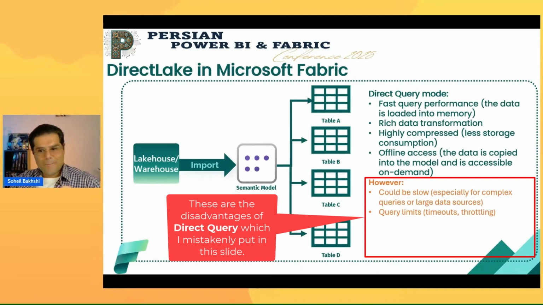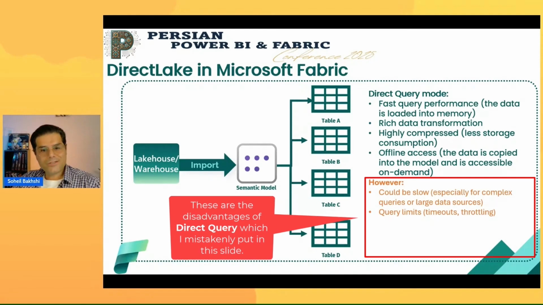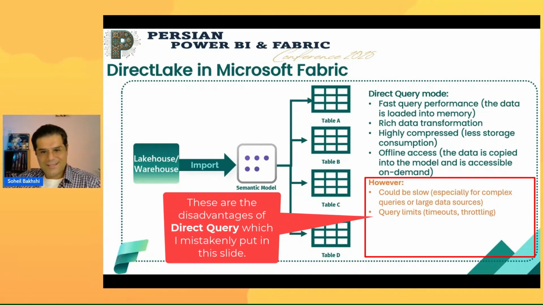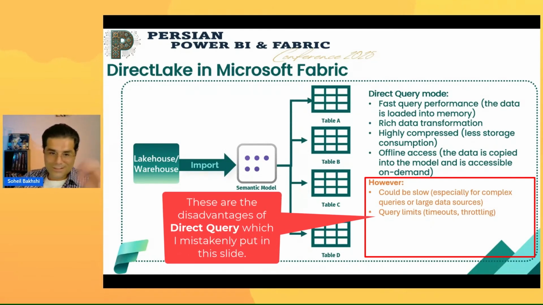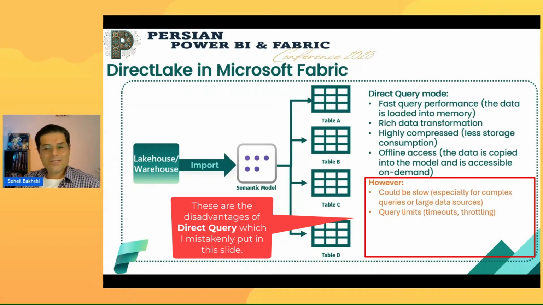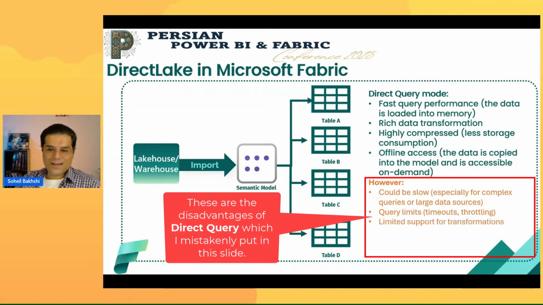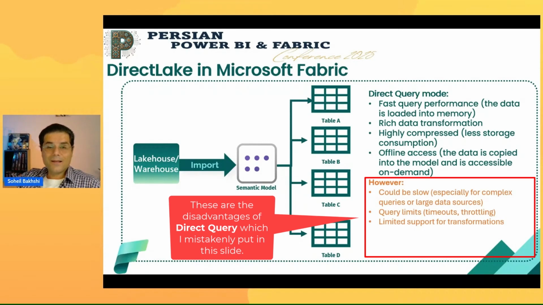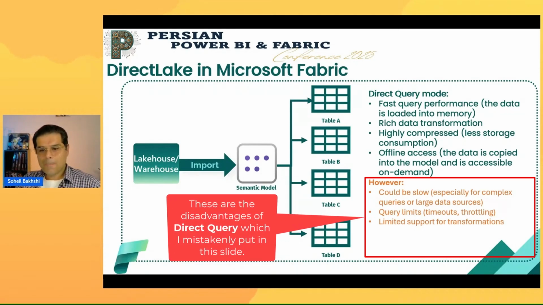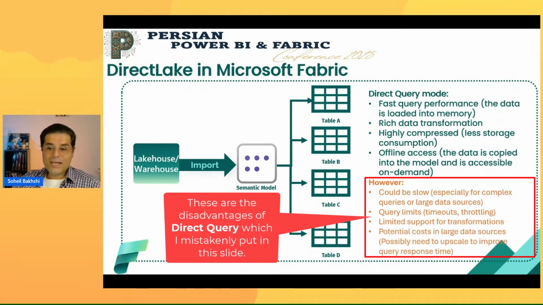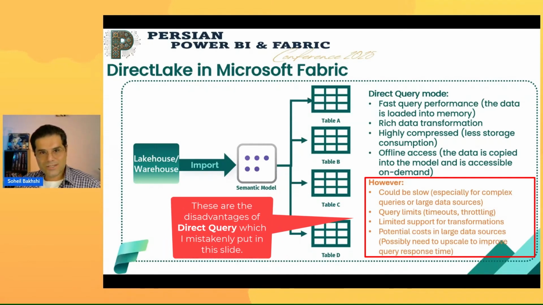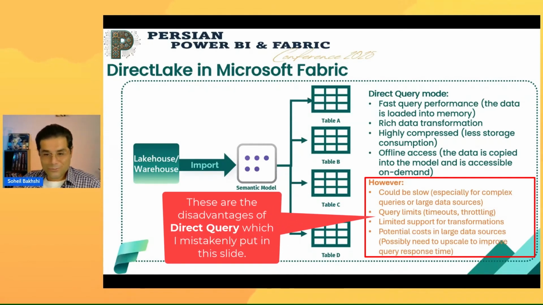Unfortunately, I mixed these two slides together. So for pros and cons, I put the cons of DirectQuery into the import mode and import mode into DirectQuery. Sorry about that, but these things happen. Okay, so query limitations, timeout, throttling, and these are the cons of DirectQuery. Limited support for transformations, again for DirectQuery, not for import mode, right? And potential costs in large data sources, again for DirectQuery, not for import mode.